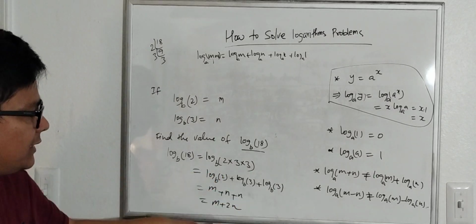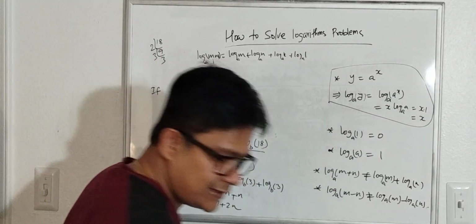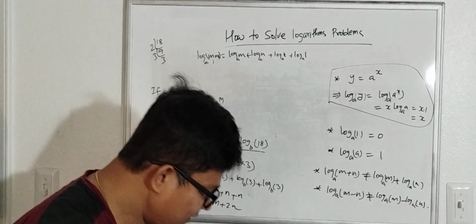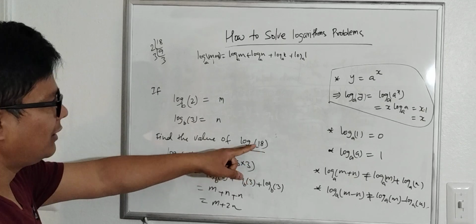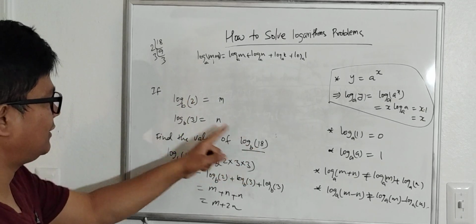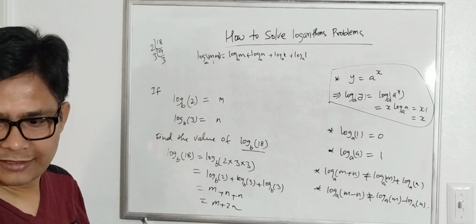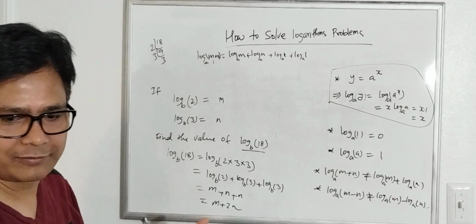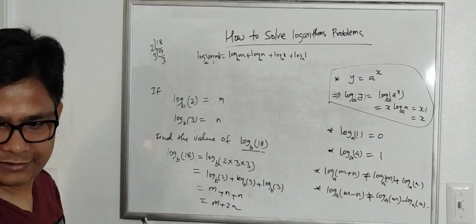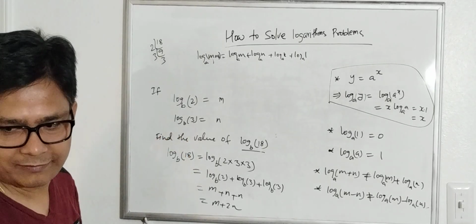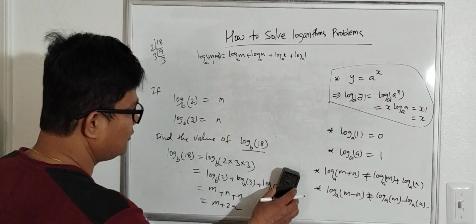Then I expanded that and got the value. Isn't it easy? So for any problem like this, look at the number and see if you can factor it into this form. There must be some relation between this number and the given numbers. If there is no relation, you cannot solve the problem. So try to find the relation by factoring.